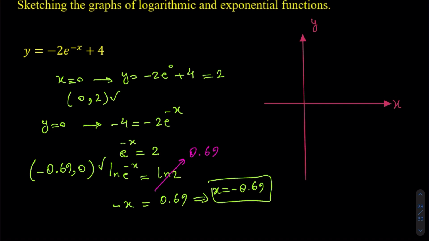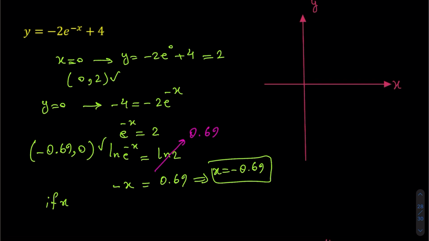We have another part we need to do to make sure that we can draw the graph, and that is if x approaches positive infinity, what will happen? Then y will approach, what will happen to y?